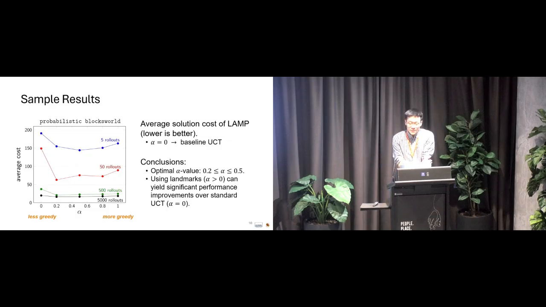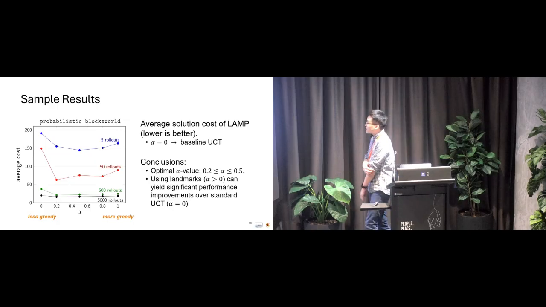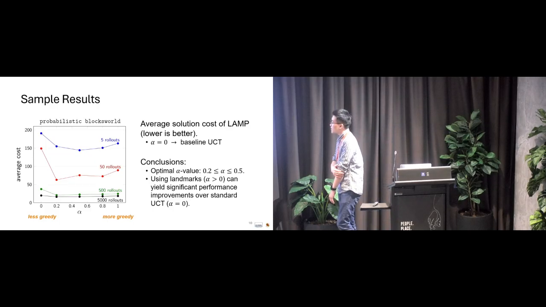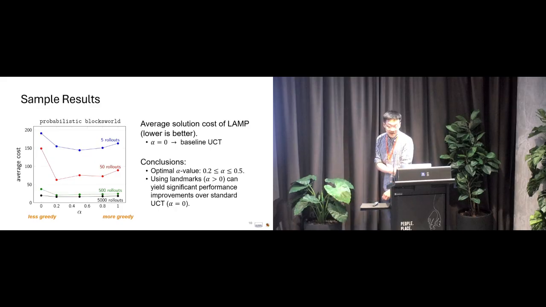Okay, so some results. Does this approach actually work? Well, this is one sample result from the probabilistic blocks world problem that we tested on. This graph shows the average cost on the y-axis and the alpha value that we chose on the x-axis.